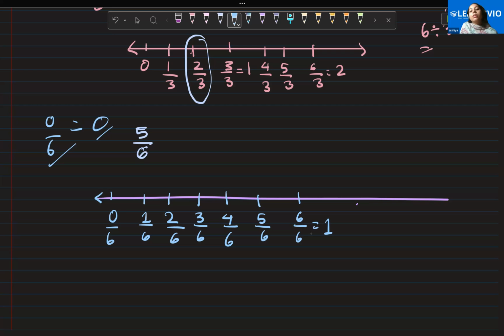Very good. Now, the next step will be to mark this number. So where is 5 by 6? 5 by 6 is here. So I'll just make a circle. Is it clear? Yes, so you are understanding it now.